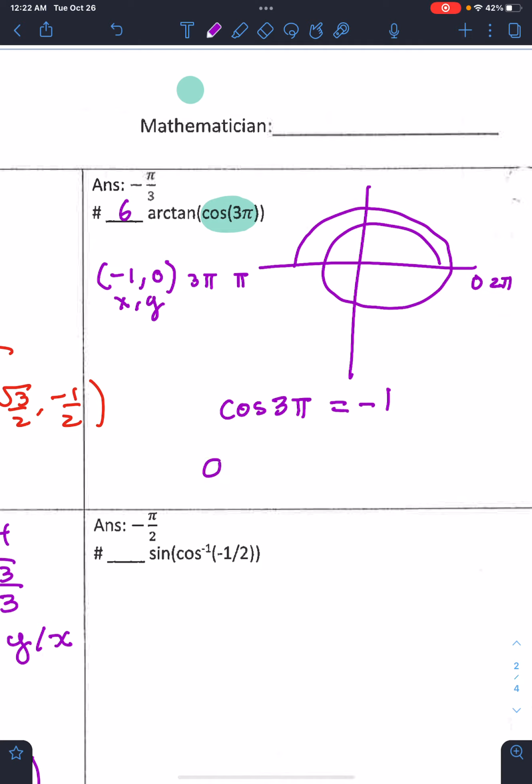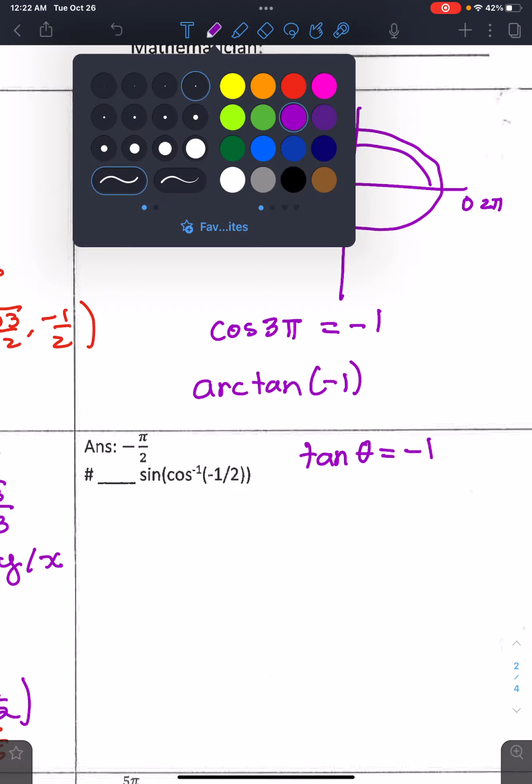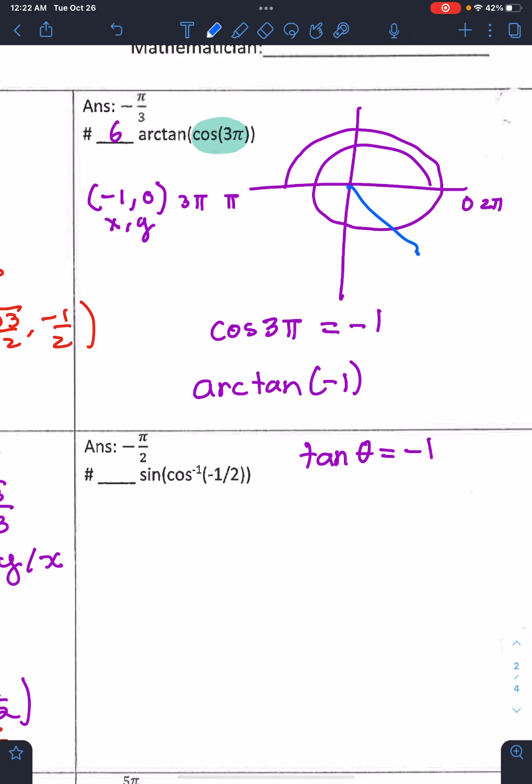So now what I have is arctan of -1, which once again just means at what angle do I get -1? So I know that in order to get the number 1, I have to divide the same two terms. And since it's negative, I'm going to guess that at negative pi over 4, it's square root of 2 over 2, comma, negative square root of 2 over 2.